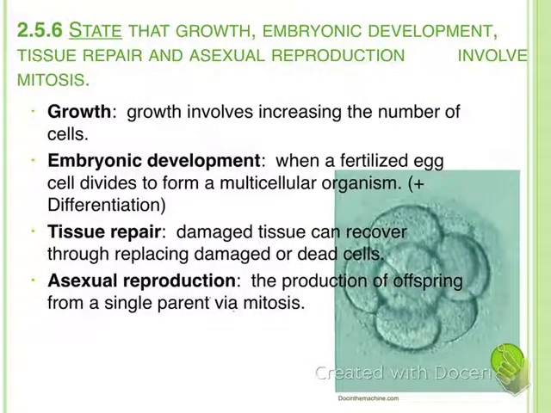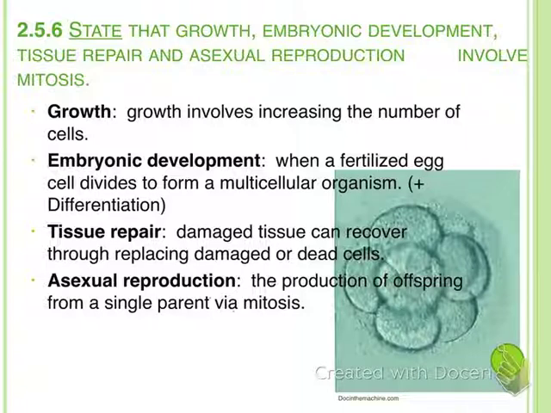Okay, so now that we see that mitosis ensures identical daughter cells, we're going to talk about why we would need these identical daughter cells. The purposes of mitosis are stated here in 2.5.6, which asks us to state that growth, embryonic development, tissue repair, and asexual reproduction involve mitosis.